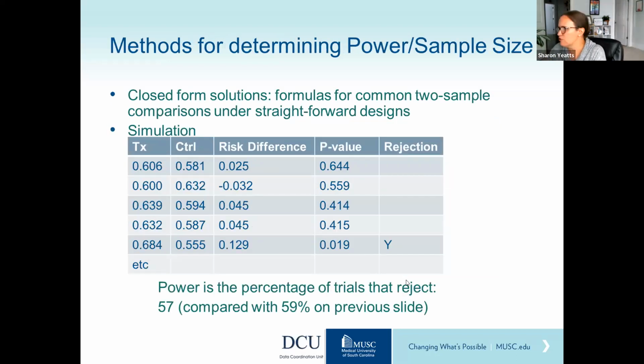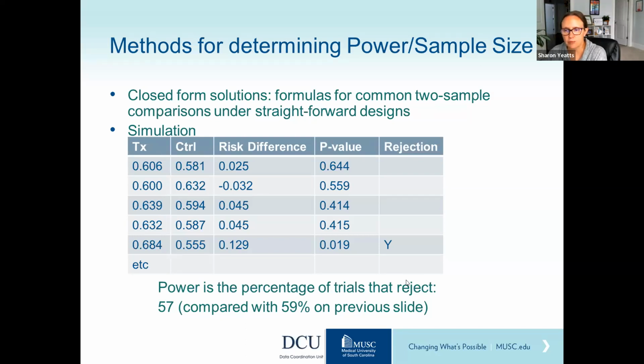There are a number of methods for determining power and sample size. If you've taken statistics classes in school, you know that there are closed form solutions for many of the common two-sample comparisons under straightforward designs. But many of the early phase research that is coming out right now, and some of the later stage research actually, is not based on a straightforward design.